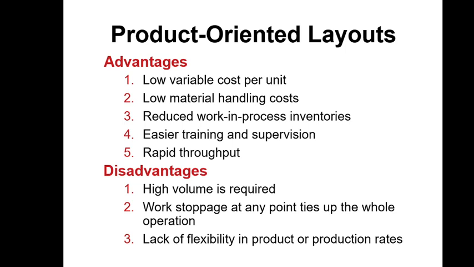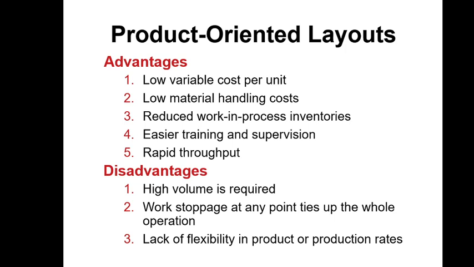But here in the product-oriented layout, your volume is high but the variety is low. That's why the rate of production should always be high, as we said a while ago. And this is a problem. You cannot be flexible. You will not say, no, today I will produce only 100 units. That's enough. No, this is a system.